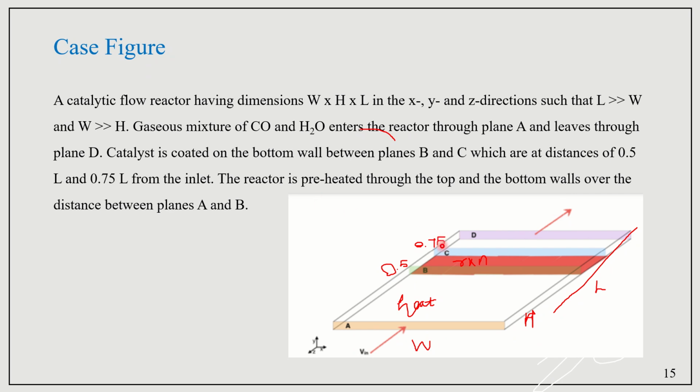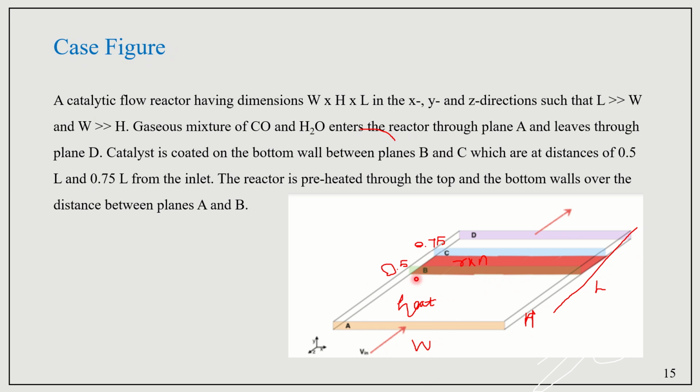Catalyst is coated on the bottom wall between planes B and C. Plane B is at the exact midpoint between the inlet and outlet planes, and plane C is at a distance of 3/4 of the total length from the inlet.